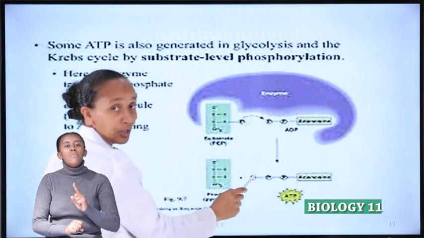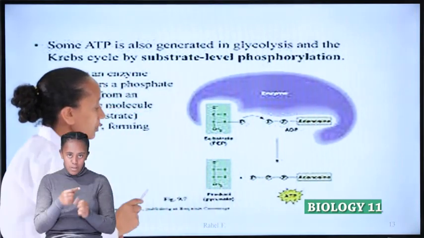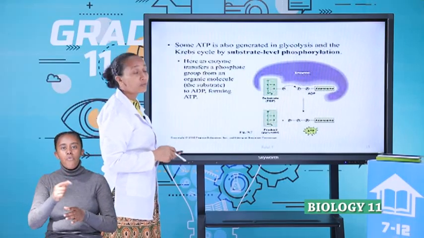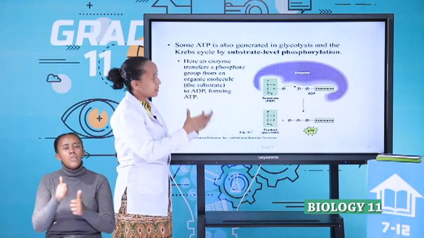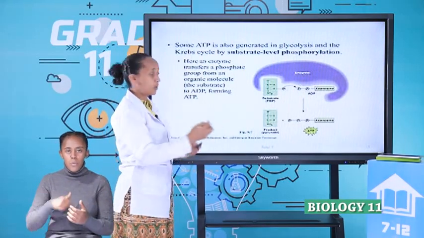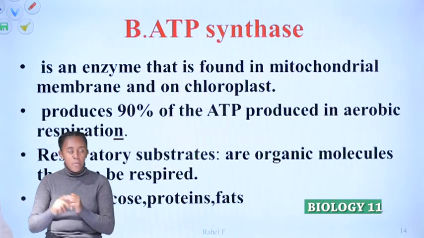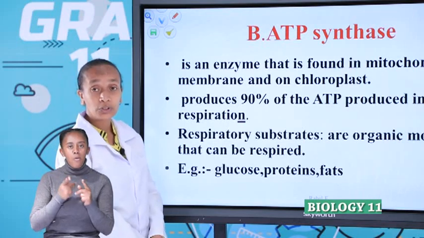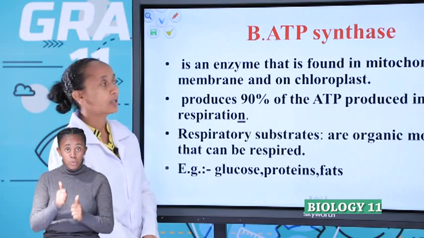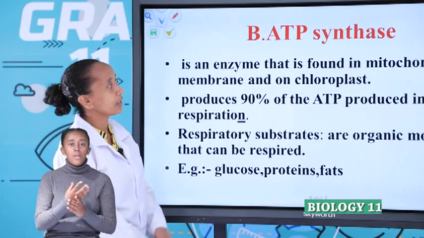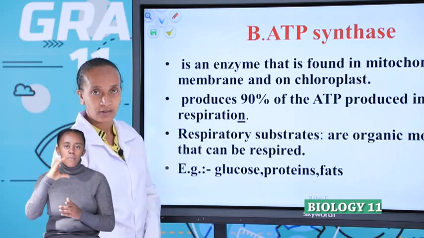To form ATP. This is an example of substrate level phosphorylation, in which the substrates transfer phosphate to ADP to form ATP.